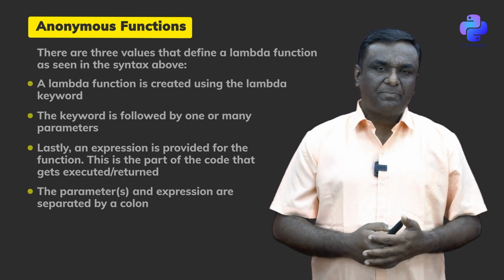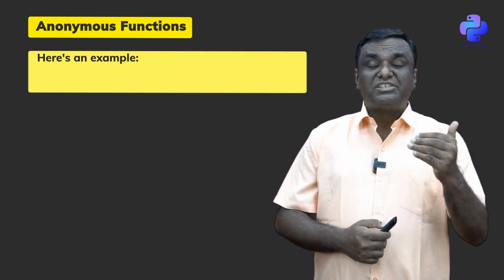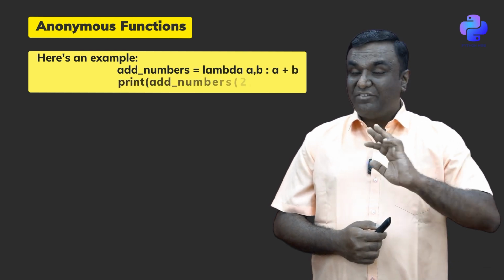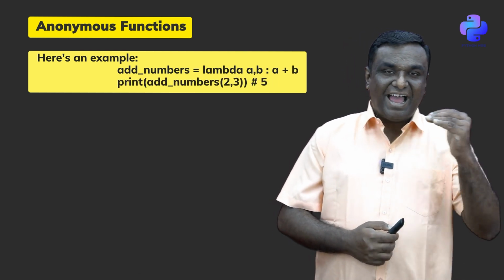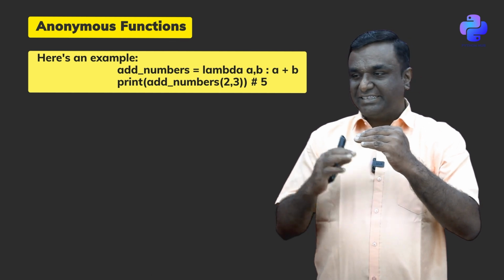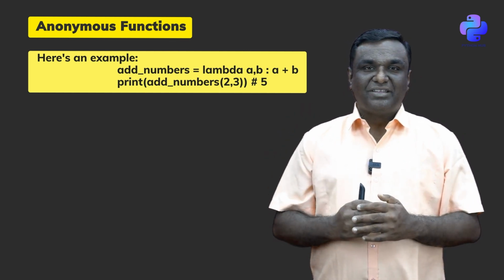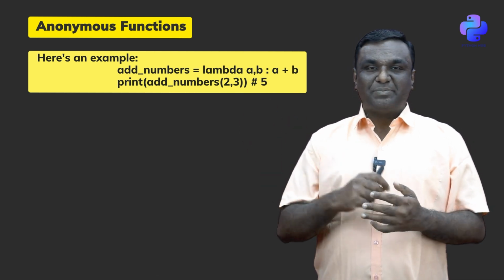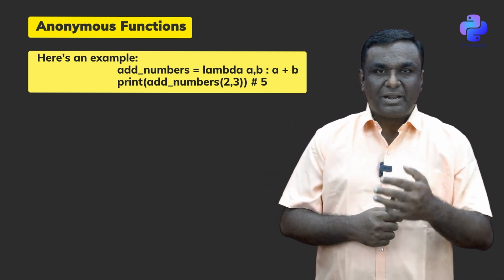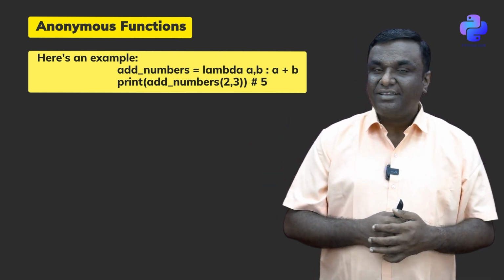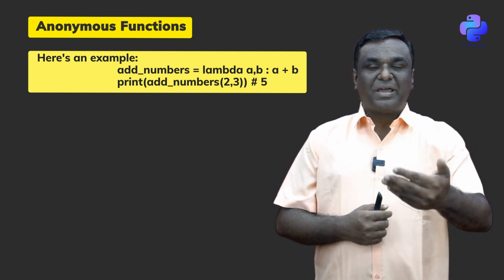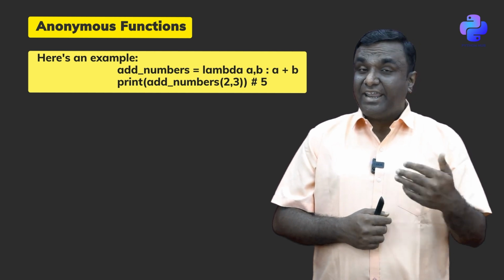Take this example, add_numbers. Here I'm consciously defining a name. You can even do it without the name. add_numbers is equal to lambda a, b colon a plus b. Can you guess the parameters in this one? Yes, you guessed it right. a and b are the two parameters. Is there a name to this function?